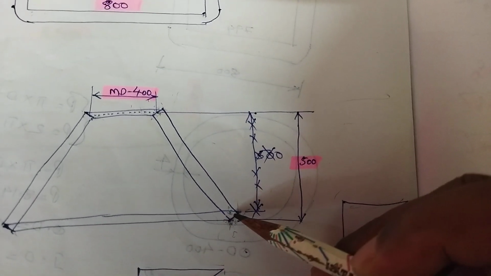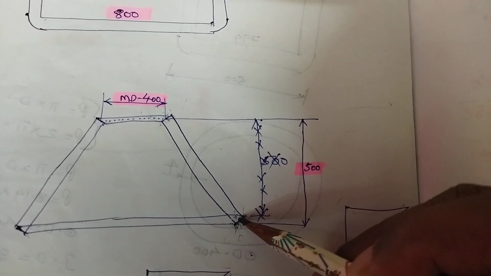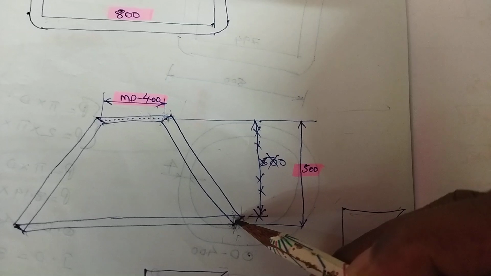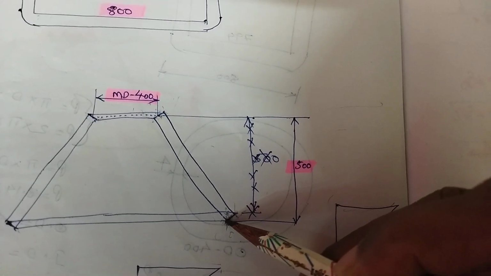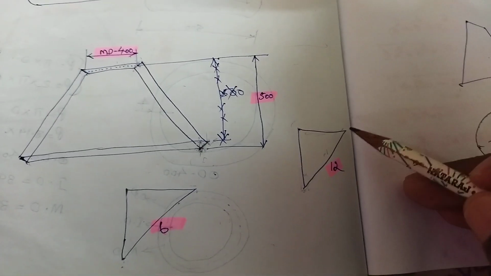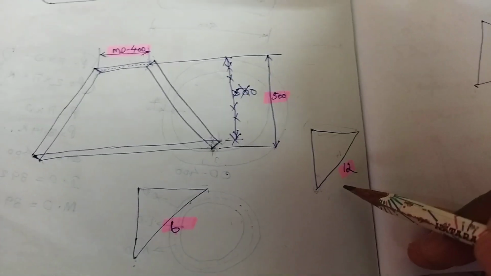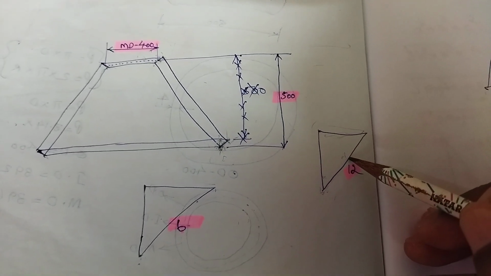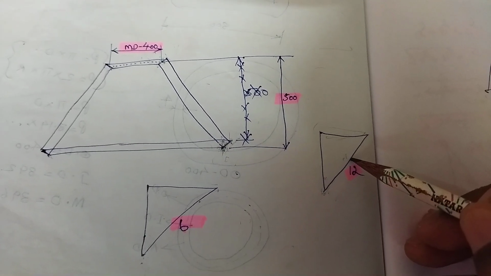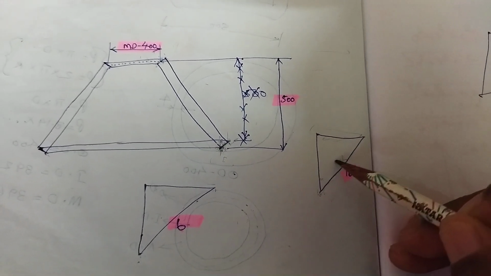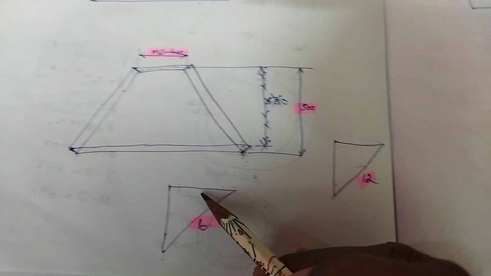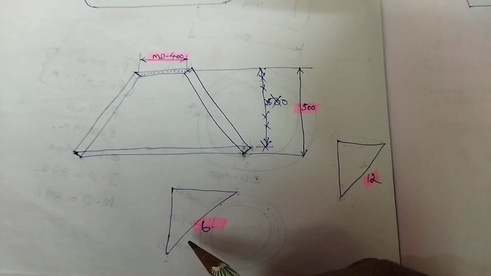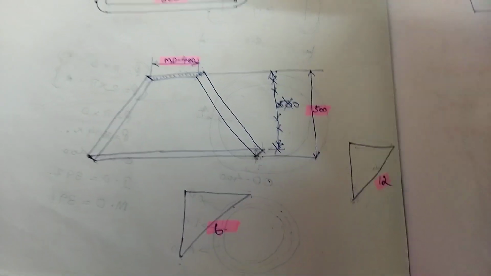But we shouldn't take this as true length. We should take this corner as true length. How much will this be from here to here? 6. Total thickness is 12. If we make one center portion here, and make one horizontal line to this side, this line will be okayed. Then from here to here will be 6. Okay.